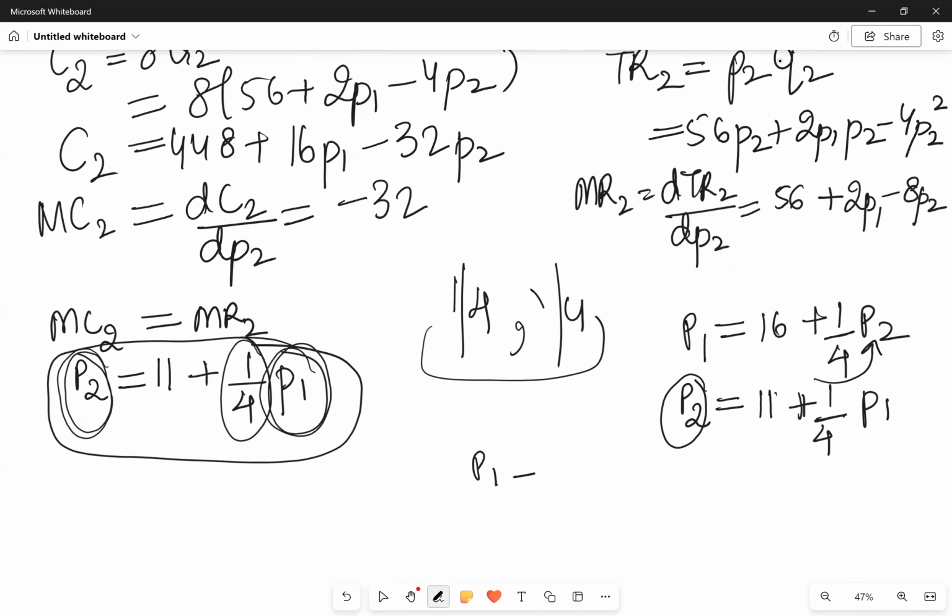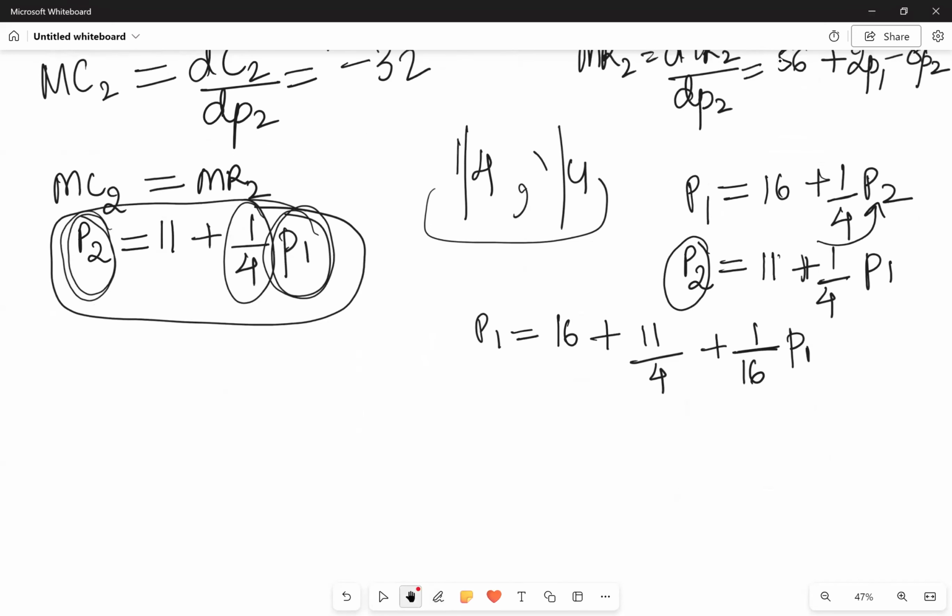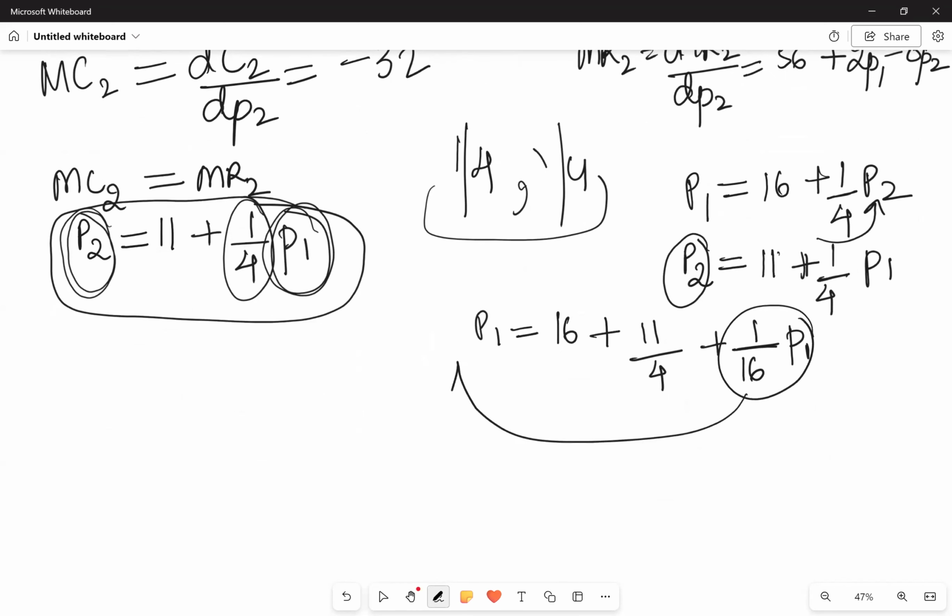Okay, so now when we substitute the value of P2 in firm 1's reaction curve, we get P1 is equal to 16 plus 11 by 4, plus 1 by 16 P1. Okay, and when we take P1 to one side and solve it, we get 15 by 16 P1 will be equal to 11 plus 64 by 4.